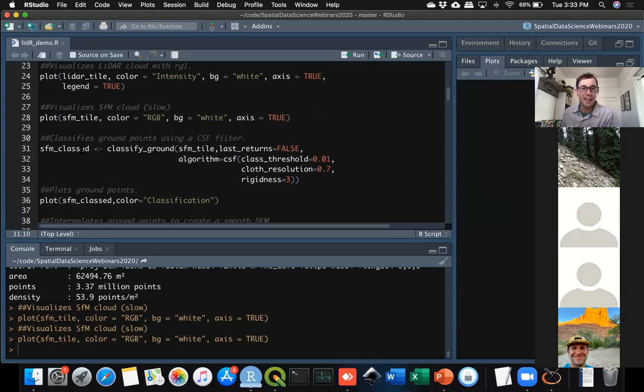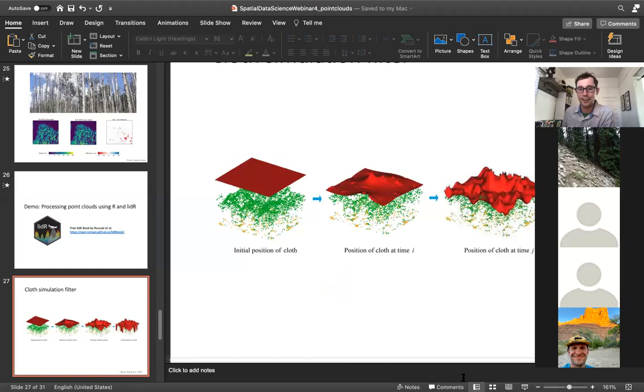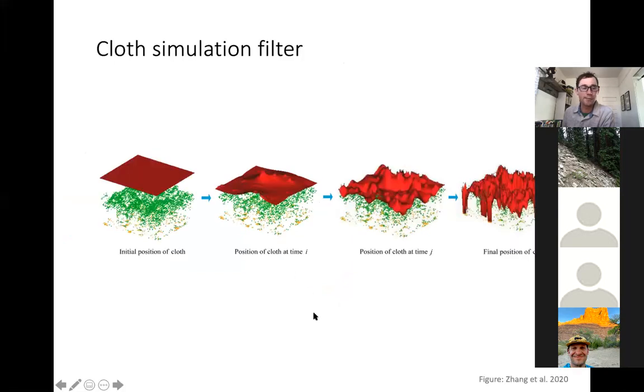Okay, so we want to classify this point cloud, and in particular, the first step of the workflow here is to figure out where the ground is, right? And the best algorithm that is fast enough to work at really large scale for this process is an algorithm called a CSF filter, a cloth simulation filter. And I'll show you a visualization that shows what that filter is doing.